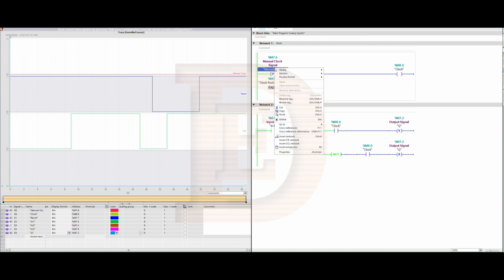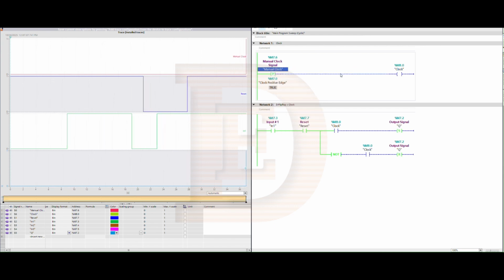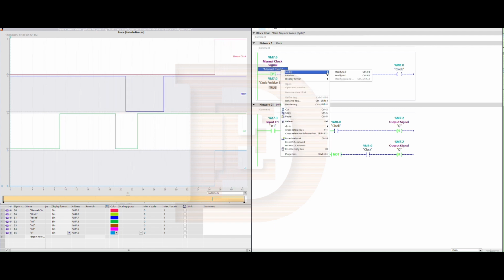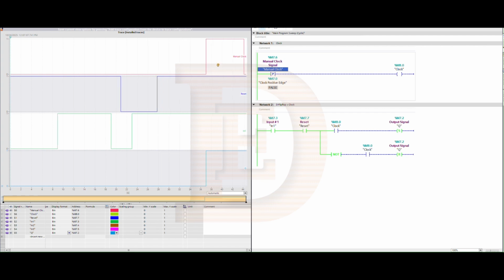So if we say the input is on and the reset is on, the output can only be on when we see a positive edge or rising edge of the clock. Let's turn it off. We cannot turn it off unless we see another rising edge of the clock. The output cannot be modified unless we see the positive edge of the clock.